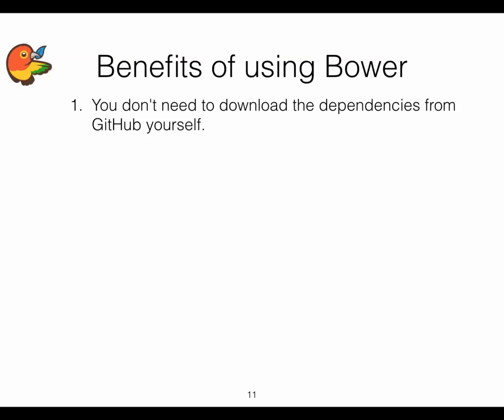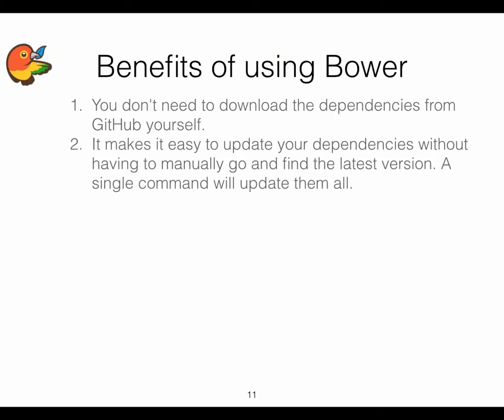Okay, so first it's that we don't need to go to the website, download and put it. It will automatically download for us all the dependencies or libraries. Then also we can easily update our dependencies only through using the command, right? We don't need to go to the website, check if any update is there, and then again download and put it in the proper directory, right?